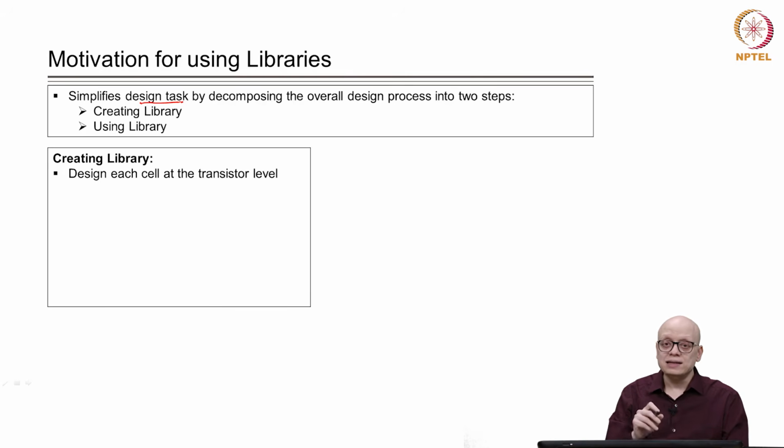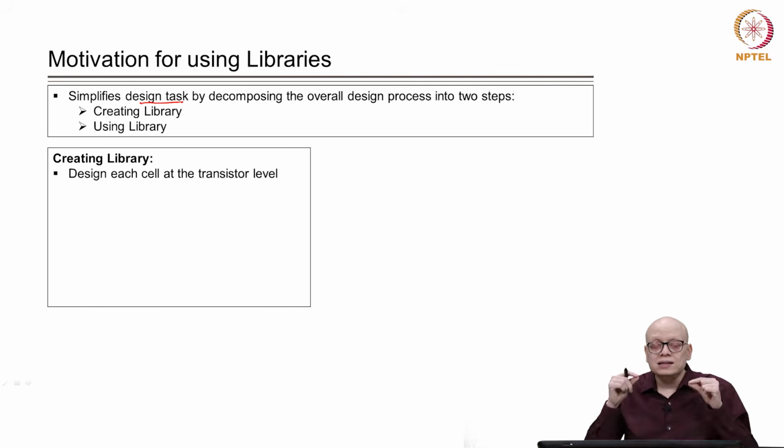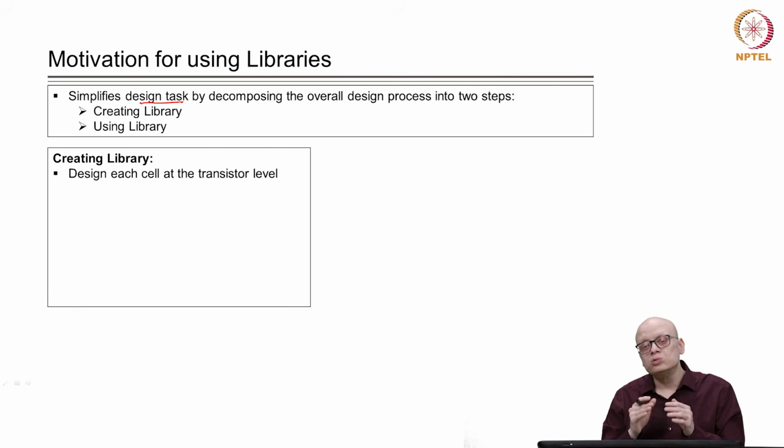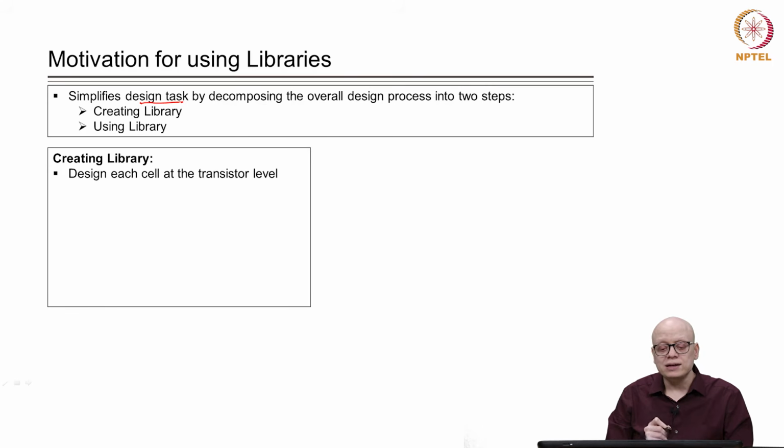We are designing cells in the most optimum way, for example, a NAND gate, AND gate, inverter, and such cells are designed at the transistor level, meaning that we make the topology, we make the layout of the cells, do spice simulation, verify the functionality, and if we can make some improvement in the layout, we do those things and make our cells very optimal in terms of functionality, and also in terms of figure of merit, meaning the delay and the power and the area and so on.